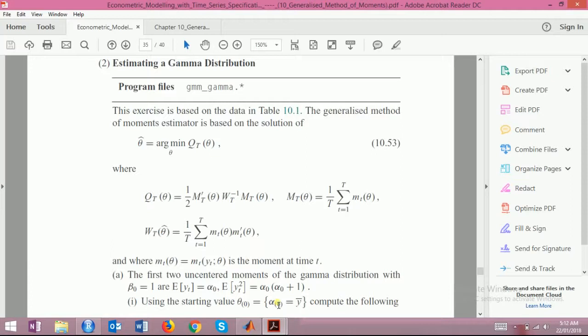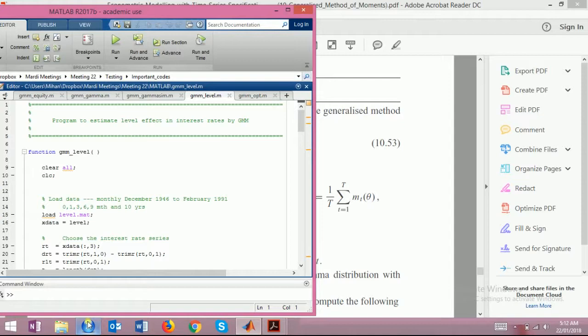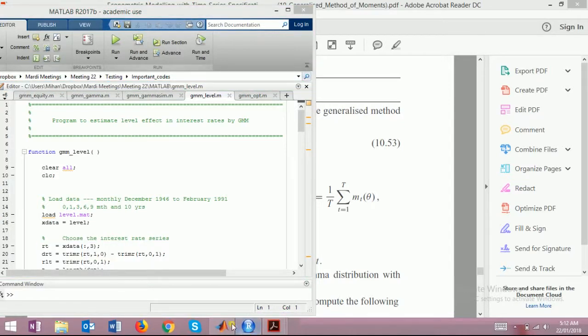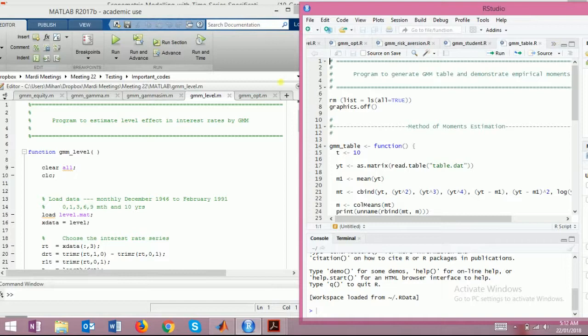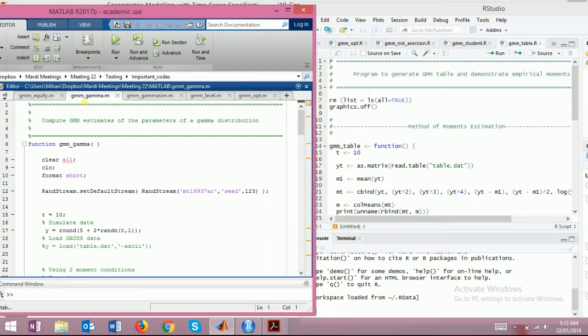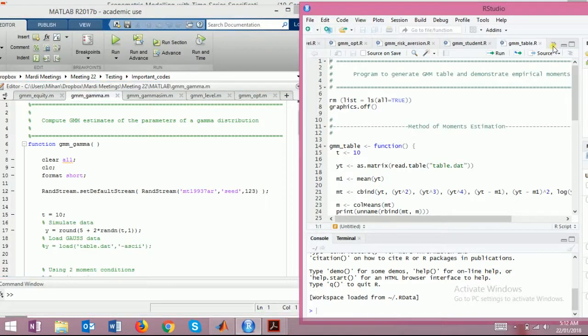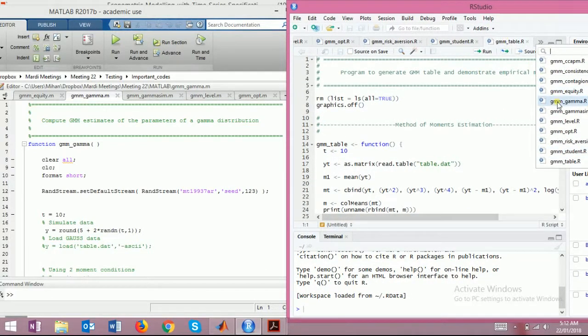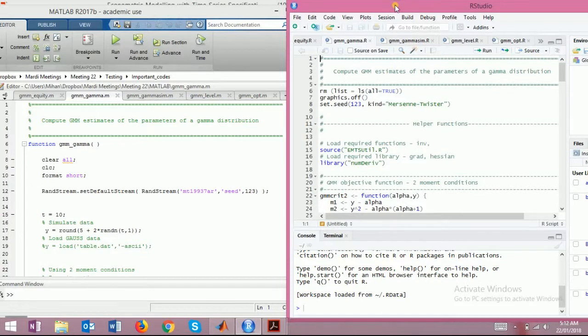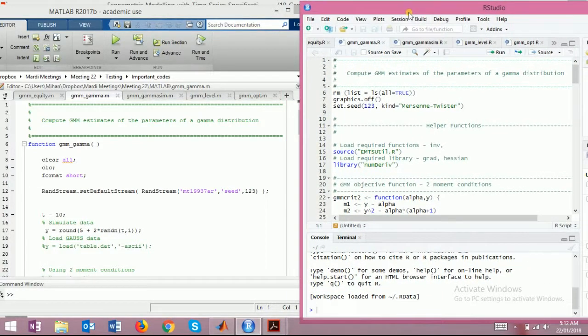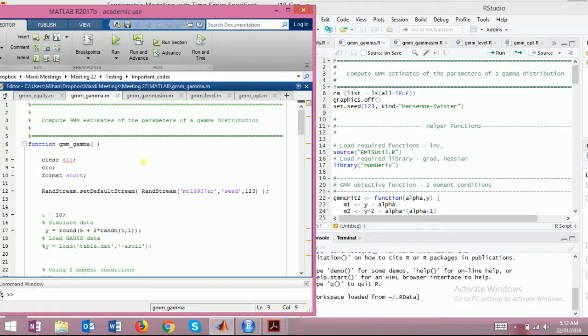So estimating a gamma distribution, let us see how it goes. Okay, so compute GMM estimates of the parameters of a gamma distribution.